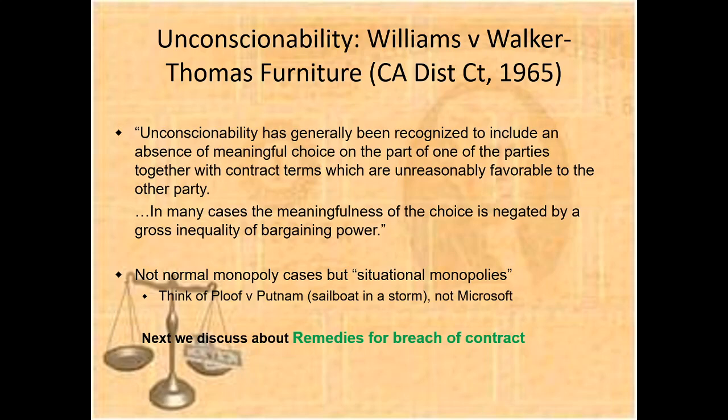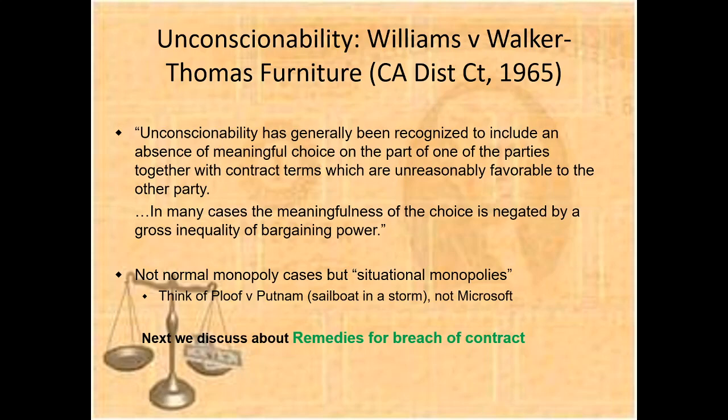Situationally, there is no other option, so you have only this person's yard, and therefore you try to tie your boat. But unfortunately, there are natural monopolies like Microsoft, and how do we deal with them? That is a very different question.